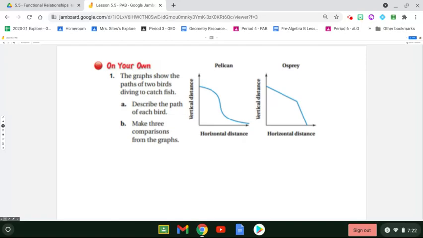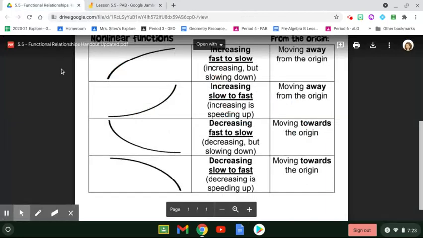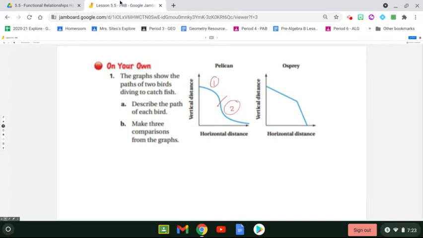Okay, so on this one here, I would split the pelican up into maybe 2 different sections. And again, sometimes you can argue a couple different ways on these, okay? But with the pelican, I would say the first section is decreasing from slow to fast.